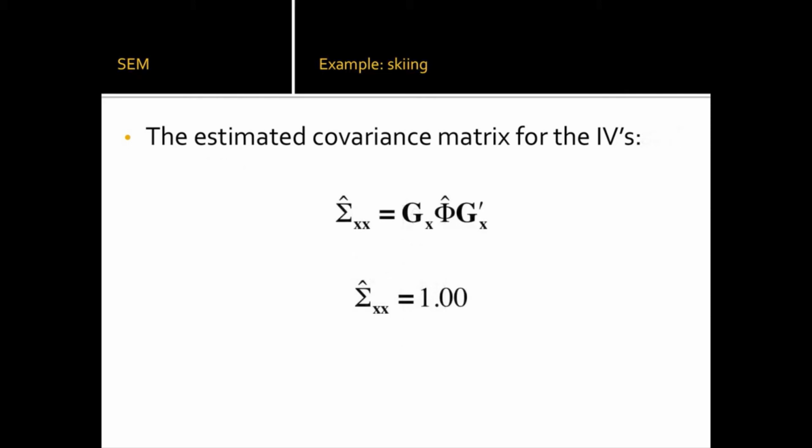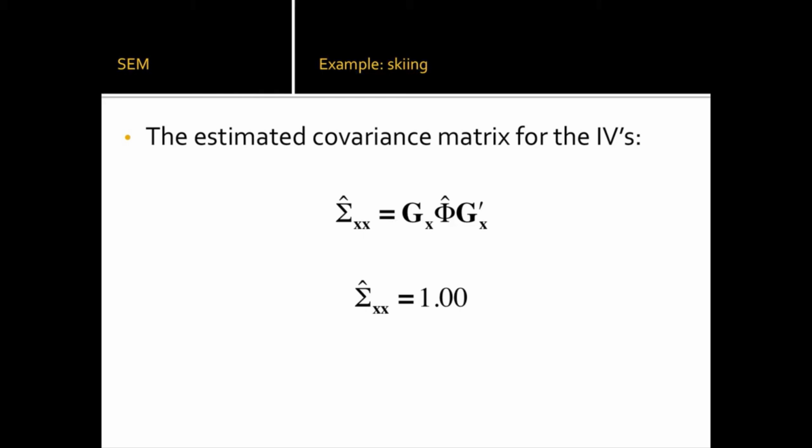This is your covariance matrix for the IVs, which is actually just, since there's one IV in this model, you're just getting a 1 out of it. So this is a little bit clearer maybe in its origin when you see that 1 was the number that came out of it, because with the G matrices here, you're just selecting out a 1 from the phi matrix.